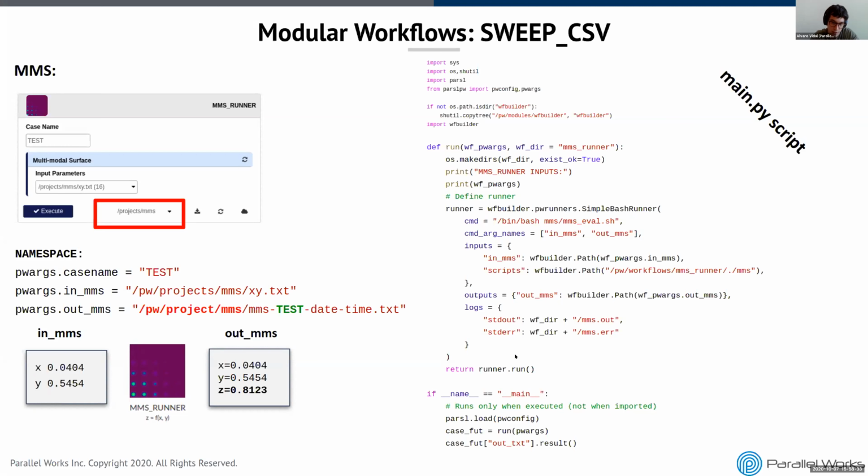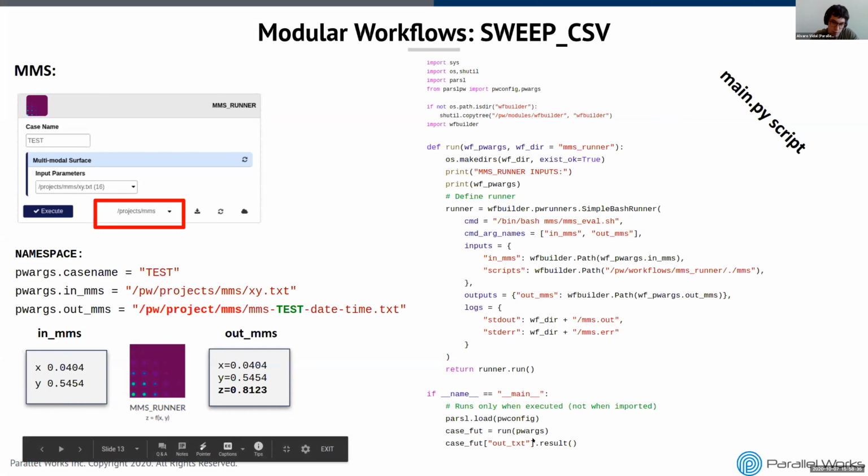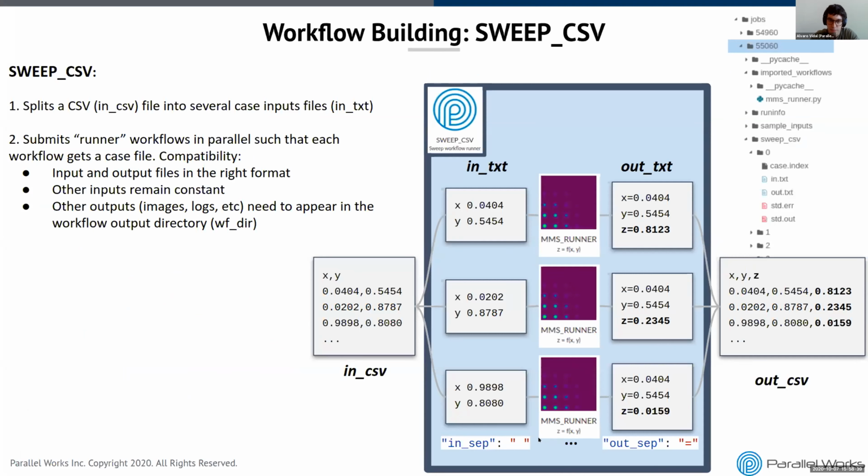And then when you execute it directly, again, it just loads the configuration and waits for the results. So the Swift CSV is going to split a CSV file into several case input files, and it's going to submit a runner workflow in parallel such that each workflow gets a case file.